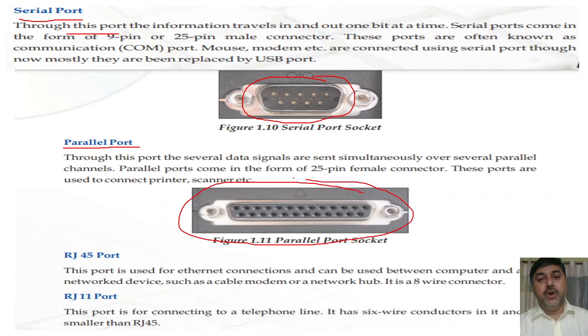This is known as a male port, and this is known as a female connector. Why? Because there we can do the work in parallel. This connector we find in printers and scanners, and we can build this type of connection.